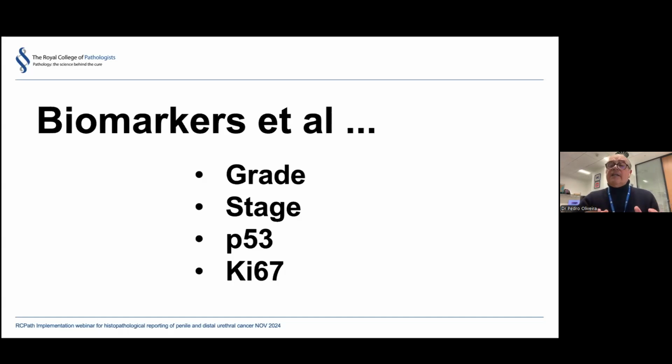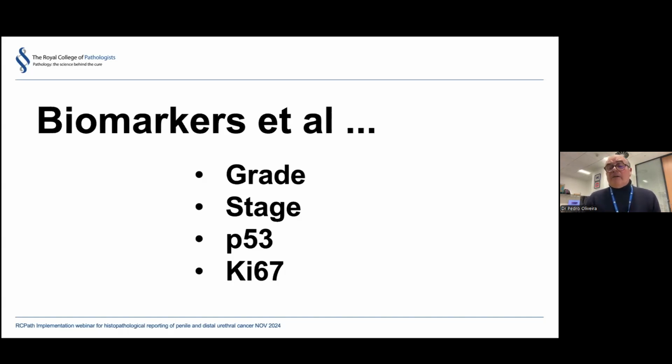These are things that we also don't know if they are relevant or not, but both grade and stage will also need to be considered in the future based on the dichotomy between HPV-independent and HPV-associated lesions.